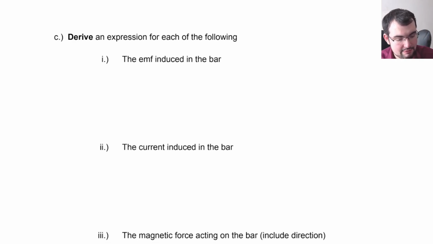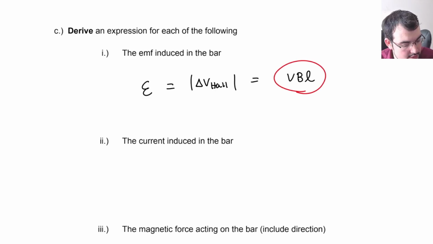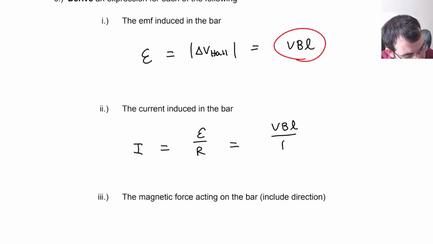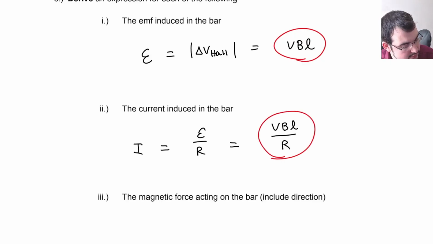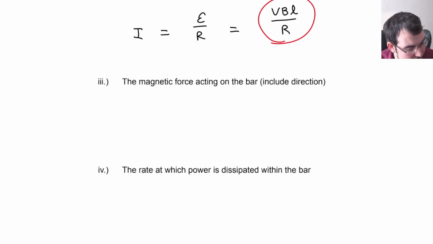All right, what's the EMF induced in the bar? Well, this is just the definition. EMF is the Hall effect voltage, VBL. Current induced in the bar. Well, we have EMF, so it's just Ohm's law: VBL over R. What's the magnetic force acting on the bar?